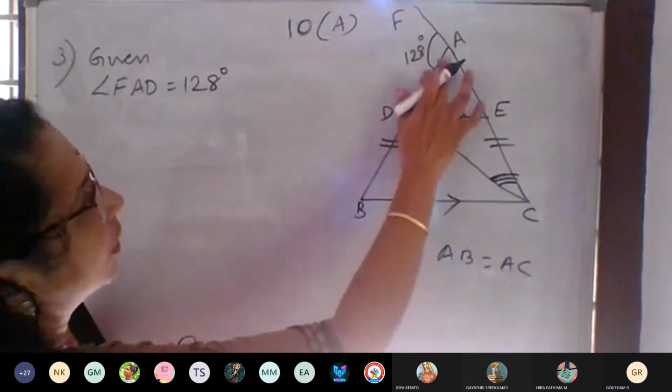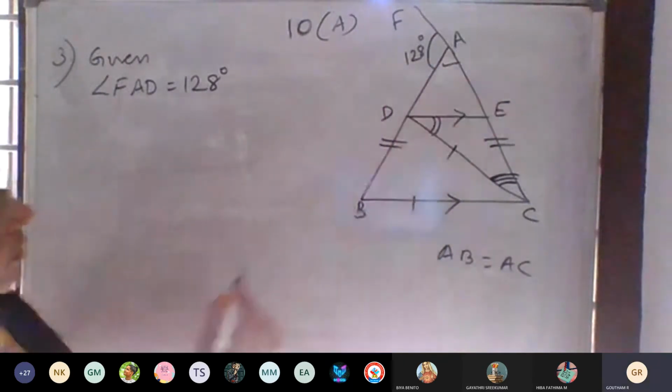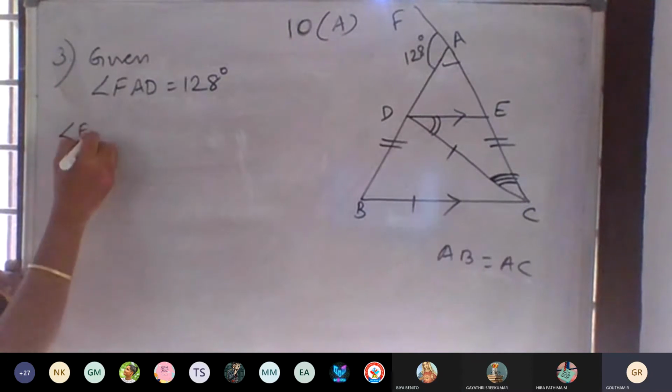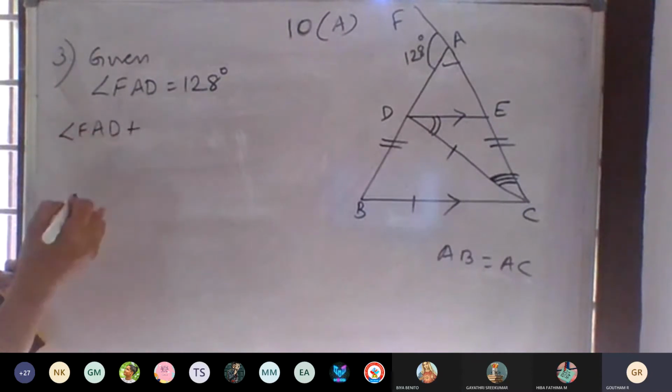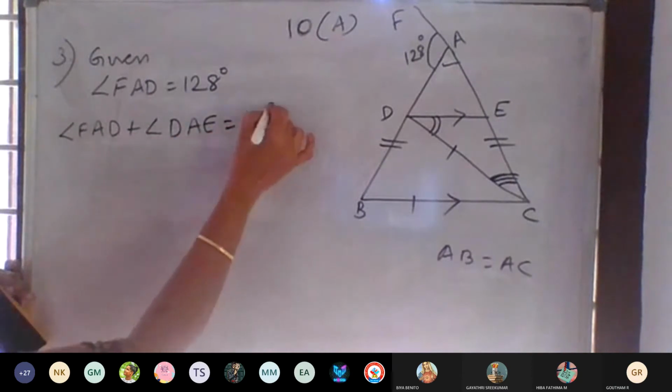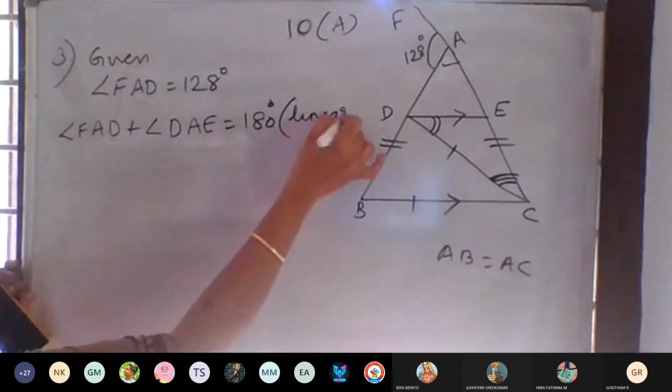That angle will be what? Angle FAD plus angle DAE is equal to 180 degree. That is linear pair.